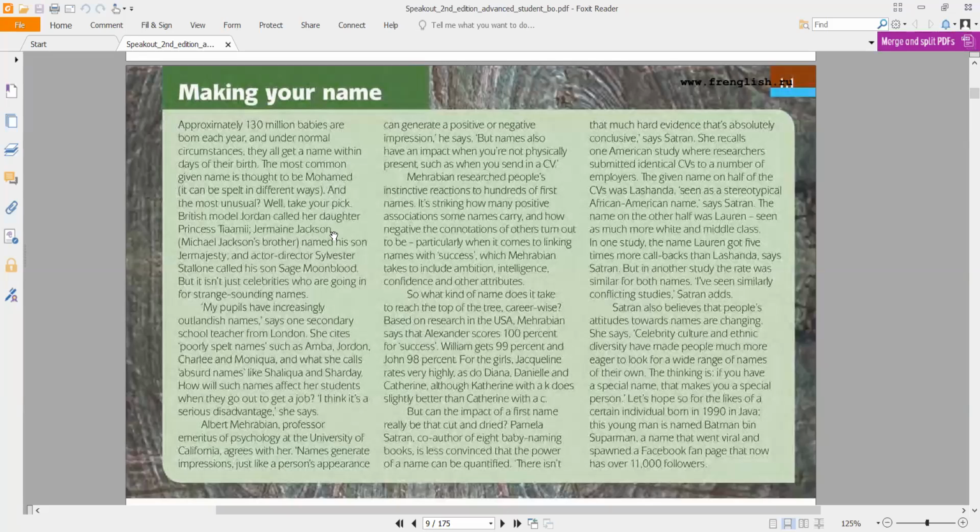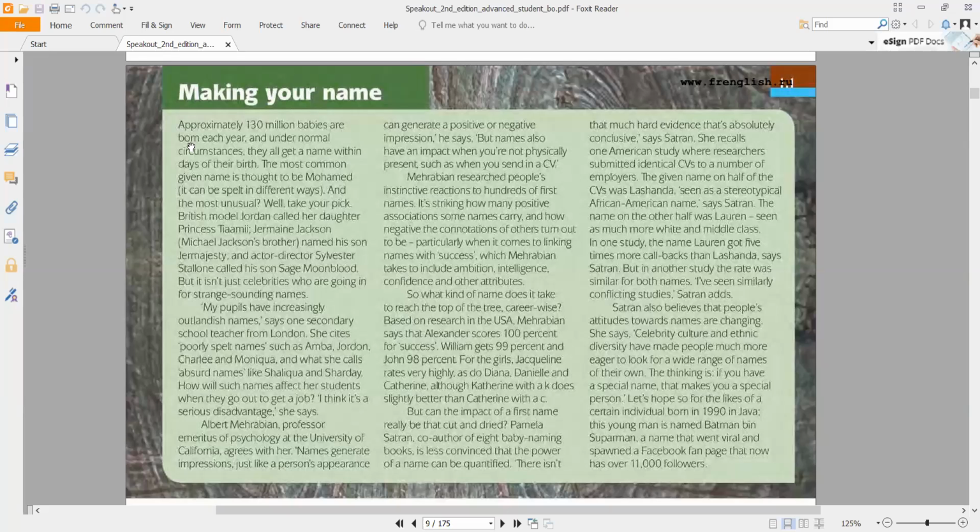British model Jordan called her daughter Princess Tiaamii. Michael Jackson's brother named his son Your Majesty, and actor-director Sylvester Stallone called his son Sage Moonblood. But it isn't just celebrities who are going in for strange sounding names.